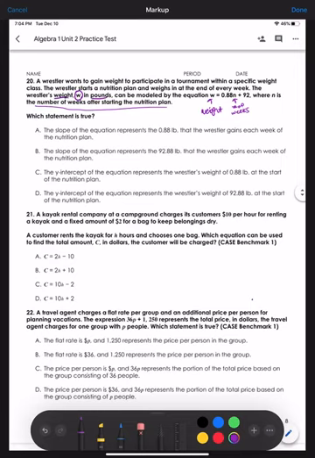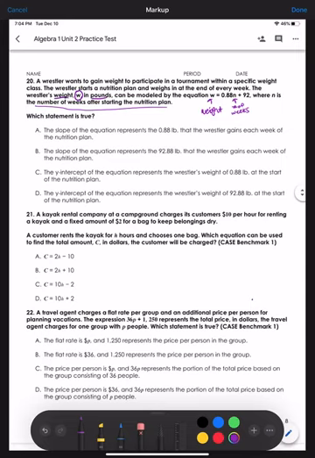So his weight is equal to something times the number of weeks, plus 92. Since this is plus and we're getting his weight, I'm guessing he's trying to gain weight each week. Otherwise, we'd be subtracting.